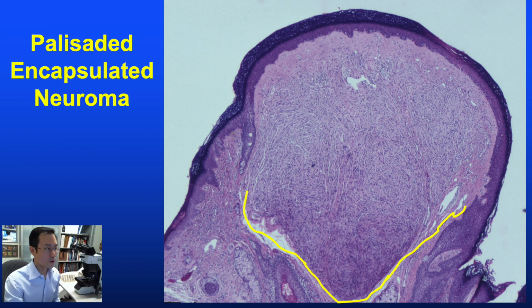Sometimes in the superficial portion of a PEN, it may be more poorly circumscribed, resembling a neurofibroma, especially if you have a partial sampling, but a complete inspection of the tumor profile will reveal very sharp circumscription, at least in the inferior portion of the tumor.